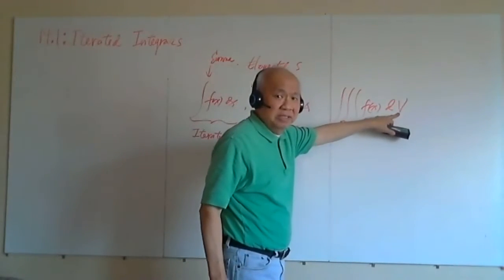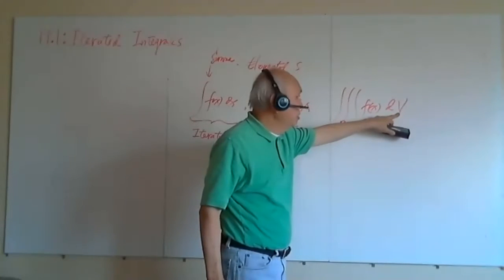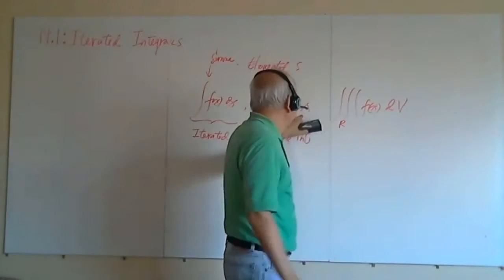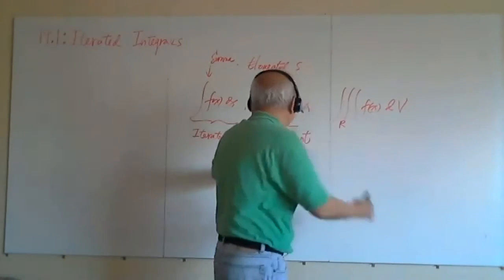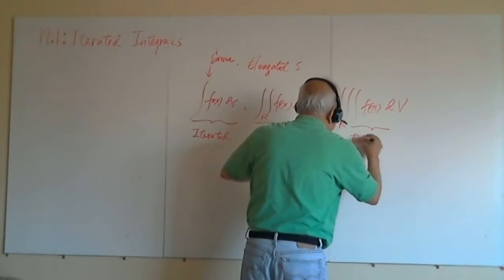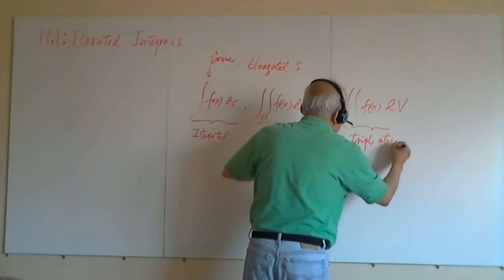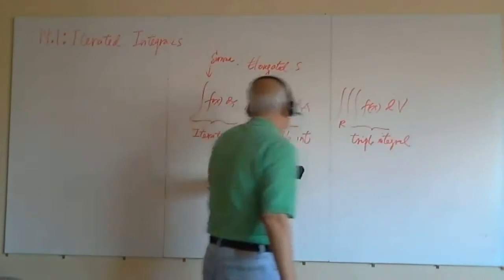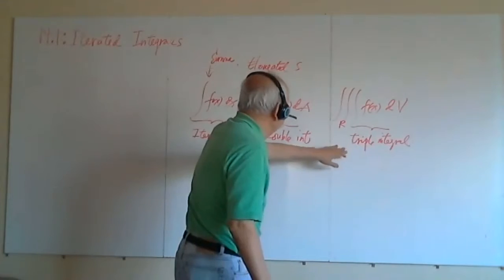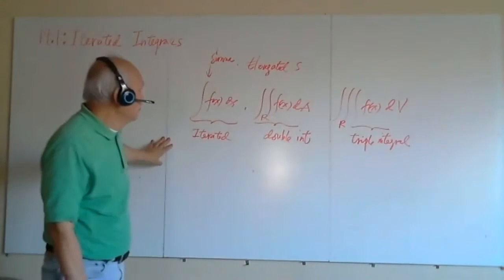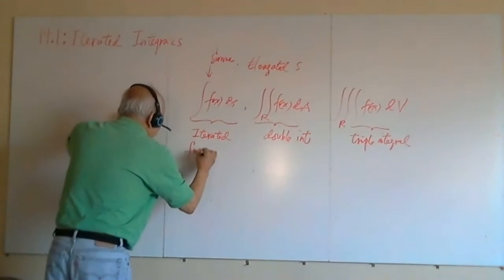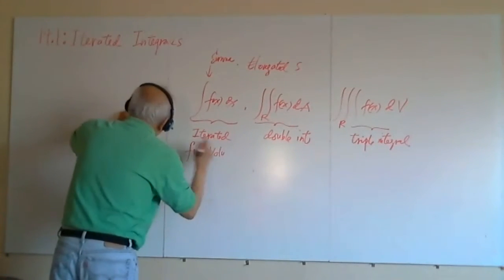Just accept it as it is, because eventually I need to explain in detail the difference between the A and the V. This is what we call triple integral. So this is double integral, and this is triple integral. So what is the purpose? The purpose here is finding the volume. Excuse me, area.